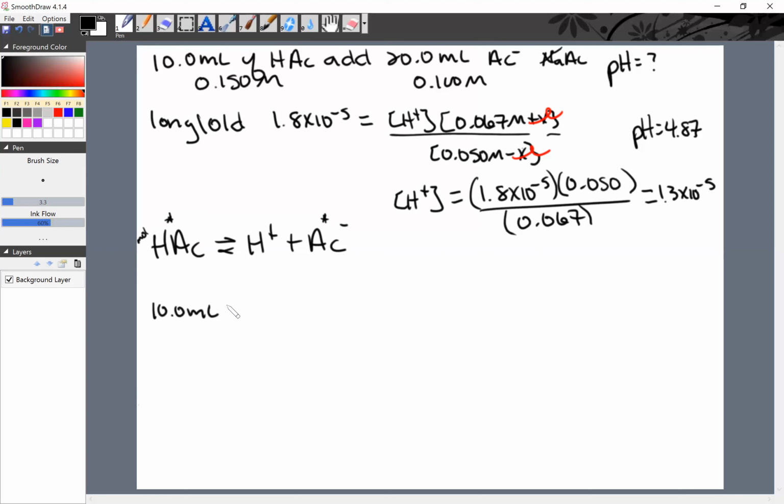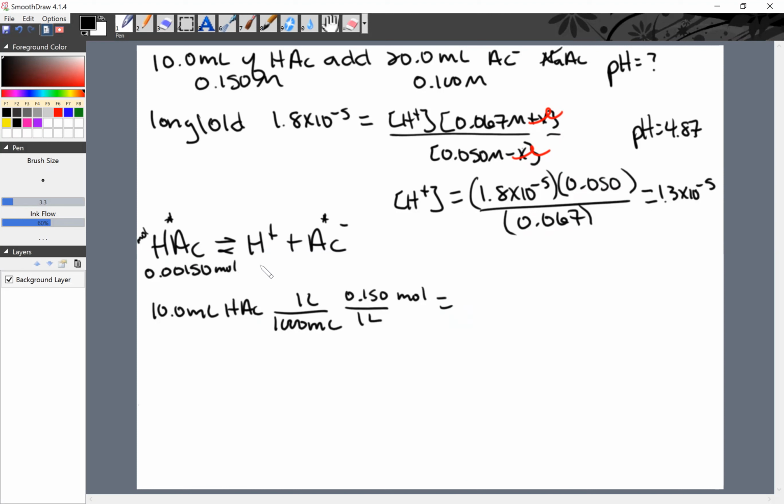And so what is 10 milliliters of acetic acid solution? If you're going to do the calculation, not the dilution, you do have to be in liters. So 1,000 milliliters in 1 liter, and I know for every 1 liter there is 0.150 moles. So in that 10 milliliters, I have 0.00150 moles.